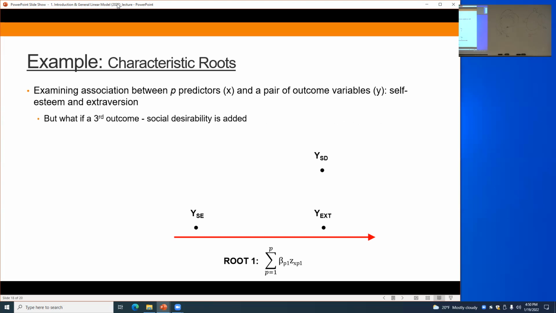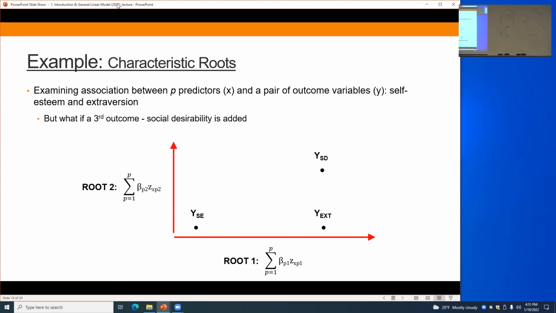Absolutely right. I can't tell with this equation. Social desirability and extroversion line up at the same time, so I can't differentiate those two. I can differentiate self-esteem and extroversion, and self-esteem and social desirability, but I can't differentiate social desirability and extroversion because I'm sort of on a one-dimensional plane there. They exist in the same spot.